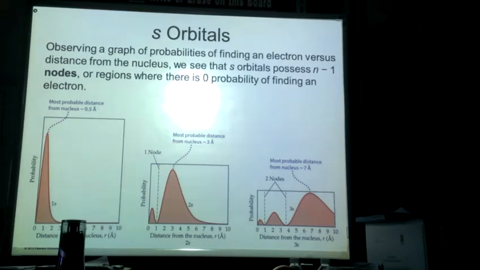If I start to add more of these s orbitals, so in the second graph, here's going to be my 1s orbital, now here's my 2s orbital. So now I have 1s, 2s, okay? There's a word here, it says node. A node is a region where there is 0 probability of finding an electron. And that means, let's go back to our analogy of the staircase.